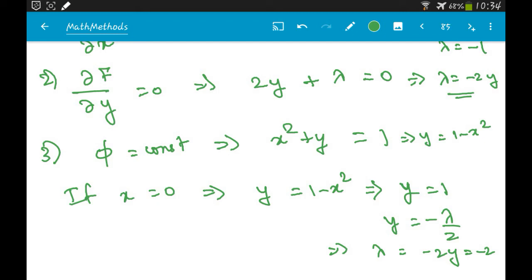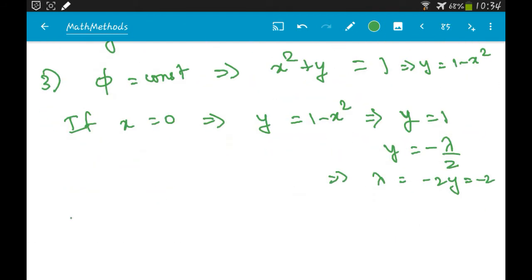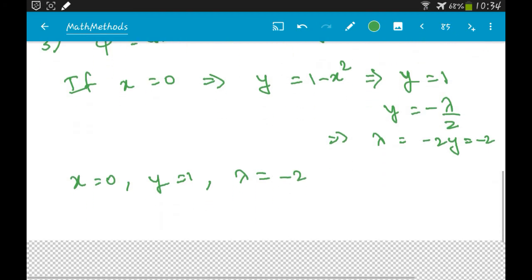So we have x equal to 0, y equal to 1, lambda equal to minus 2. This is one set of values.